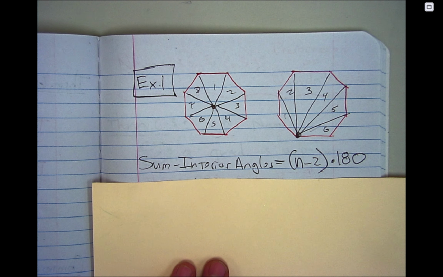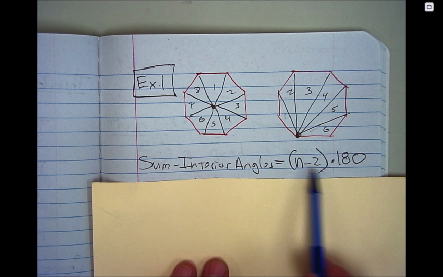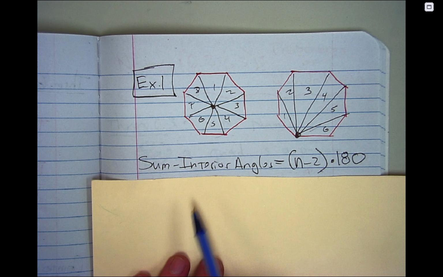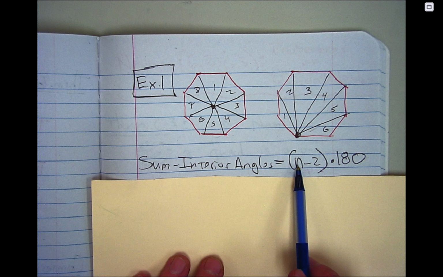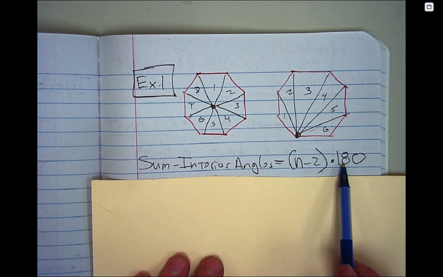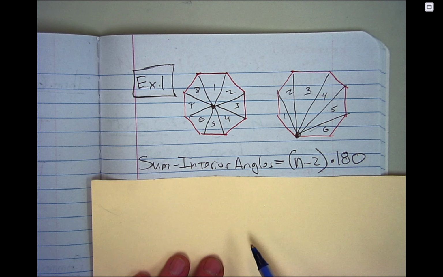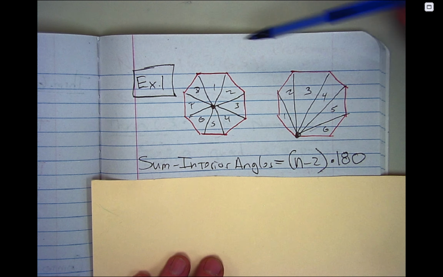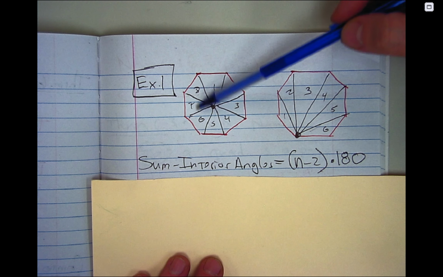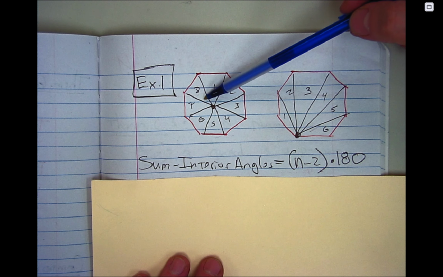So which is the proper way of breaking up your polygons? Well, with regards to this formula, notice if we have an octagon, which we have here, and we have 8 sides, the formula says that you take the 8 sides, you subtract 2 of them. Well, 8 minus 2 is 6. 6 times 180 will give you the sum of all the interior angles. Most kids will break up their polygon this way, and they'll see 8 triangles, and so they will multiply.